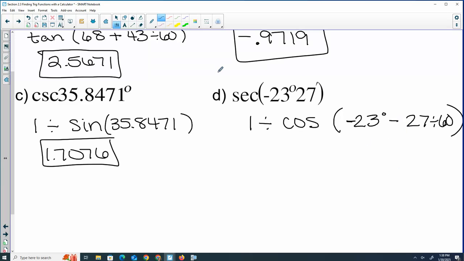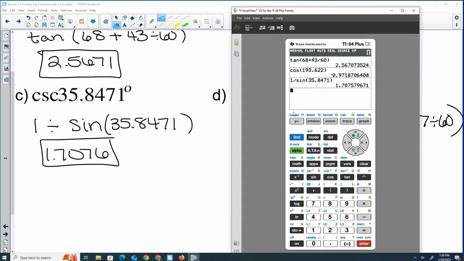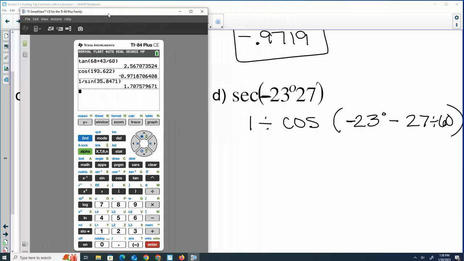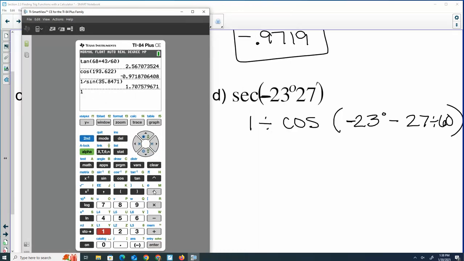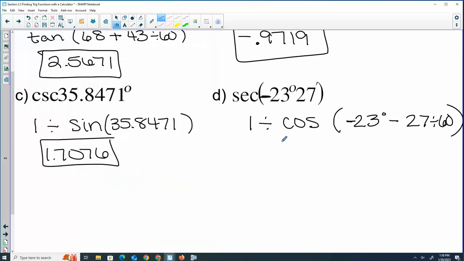It's just kind of a weird quirk. If you have a negative with degrees and minutes, you want to subtract off your minutes. And you get 1.0900.